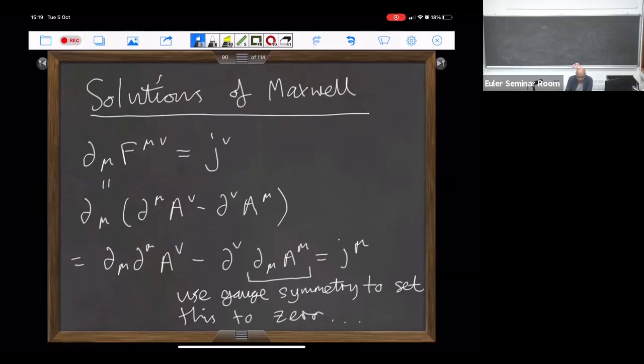Let's look at Maxwell's equations in a bit more detail. So ∂_μ of F^{μν} is actually ∂_μ of (∂^μ A^ν minus ∂^ν A^μ), of course.